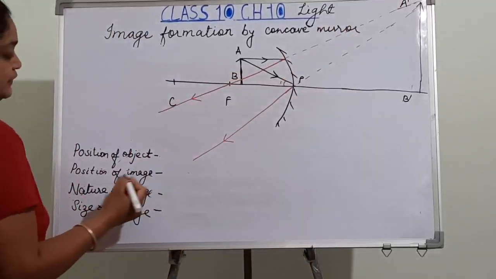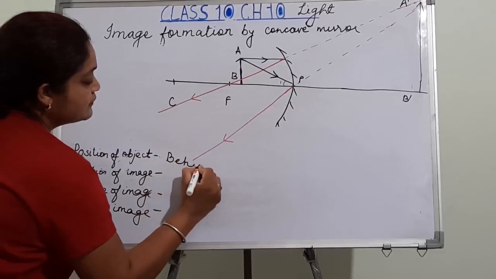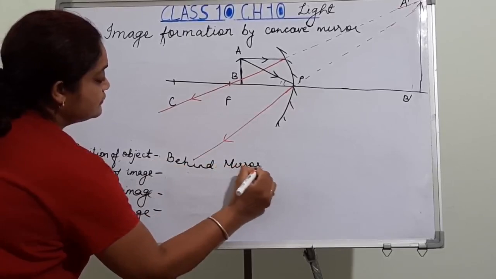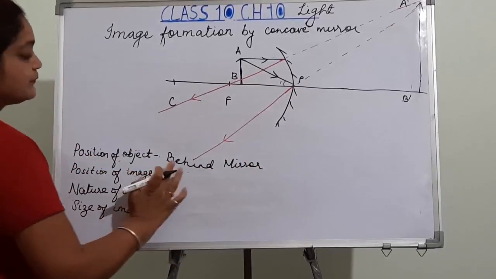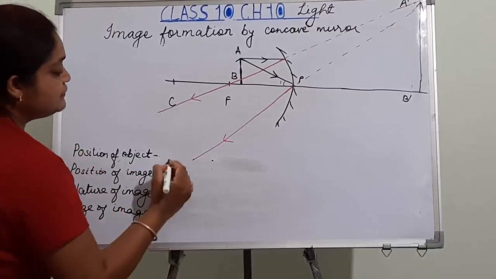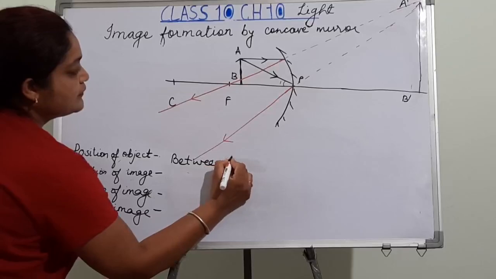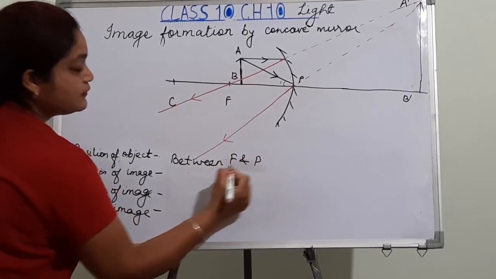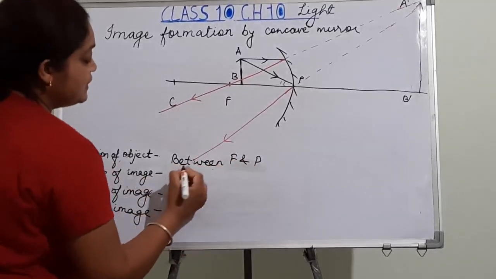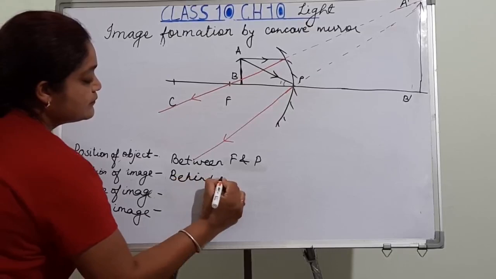So what is the position of object? Position of object is between F and P. Position of image is behind the mirror.